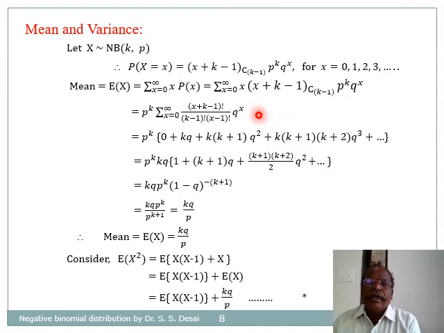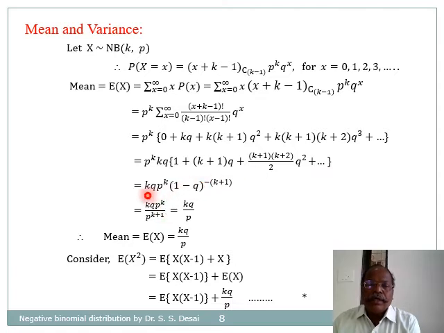By substituting x equal to 0, 1, 2 up to infinite terms, and by taking p^k as common factor, it reduces to 0 plus kq plus k into (k+1) q square, etc. And finally, it gives the sum of series 1 plus (k+1) into q plus (k+1)(k+2) divided by 2 into q square plus and so on.